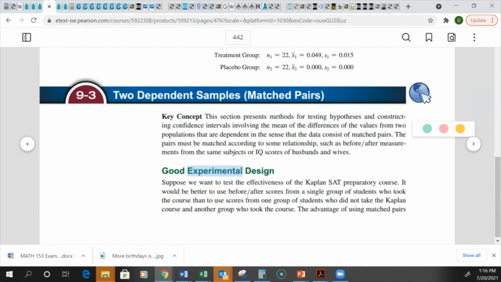Experimental design. This takes us way, way back to an earlier chapter, and we've talked about Ronald Aylmer Fisher, and almost everything he says about experimental design is what we learn in this class. Not strictly true, because I mentioned back in chapter 7 how Fisher and William Seeley Gossett, right?